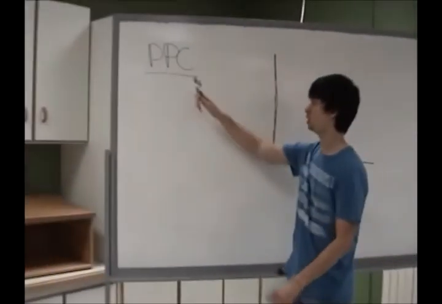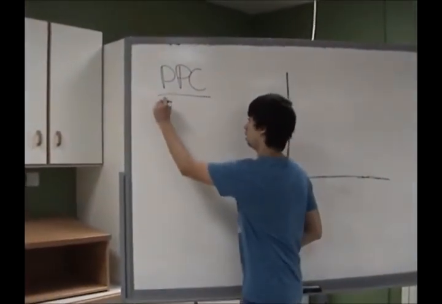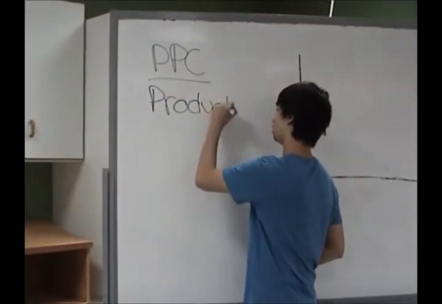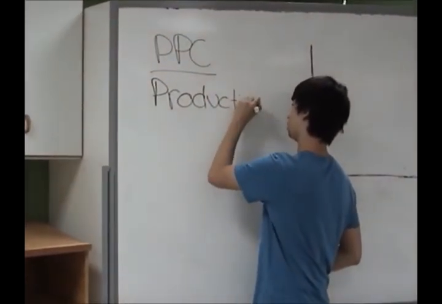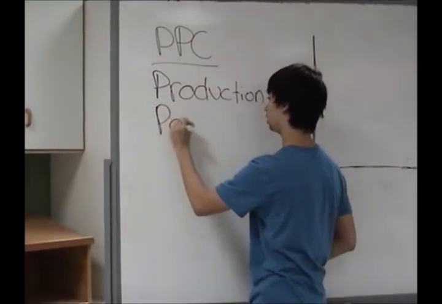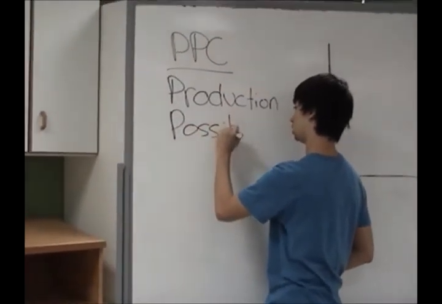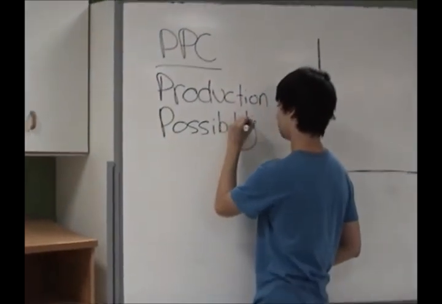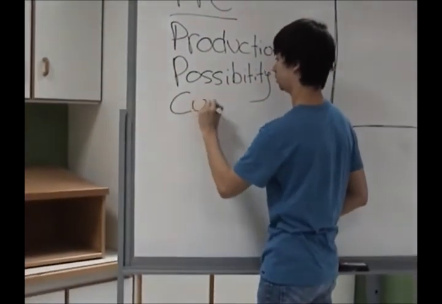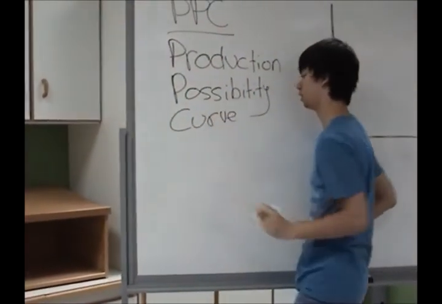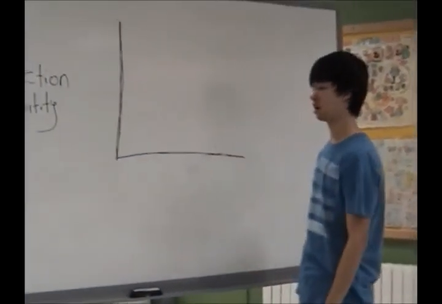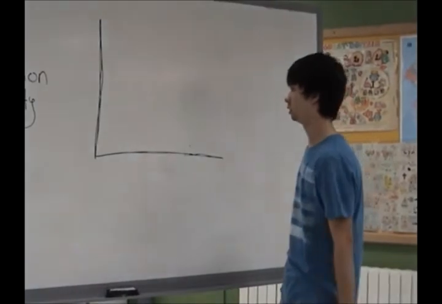Okay, the PPC stands for production possibility curve. And it basically just shows any combination of goods that a country can produce.